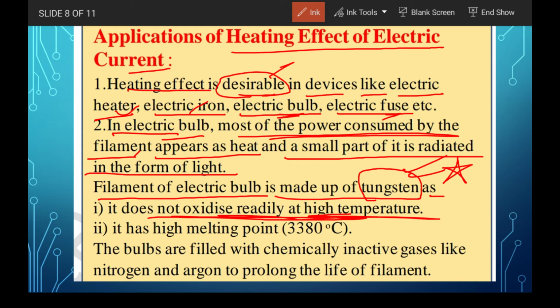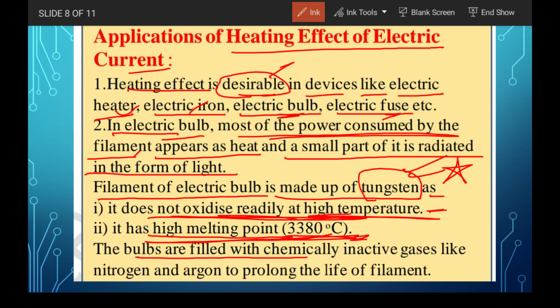At that time there are chances of oxidization of the filament, but tungsten is the type of metal that does not oxidize readily even at high temperatures. Another main point is that it has a high melting point of about 3380 degrees Celsius, so that it can uphold very high temperature very easily.